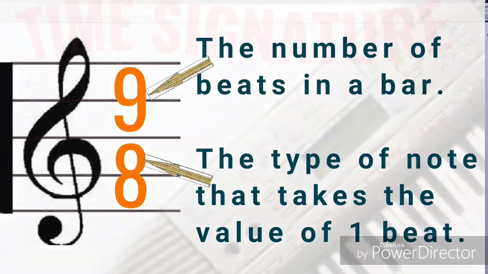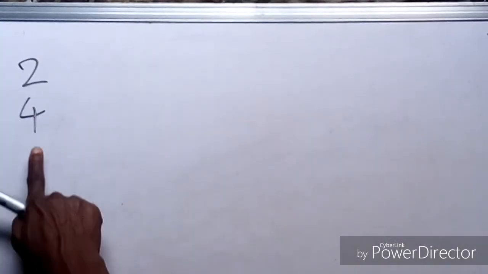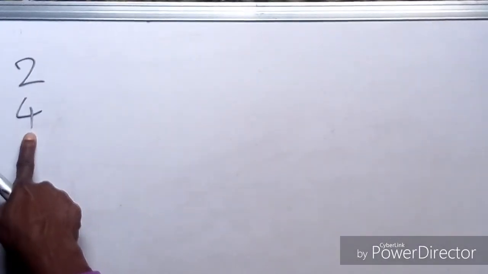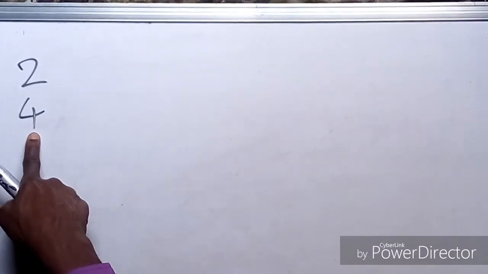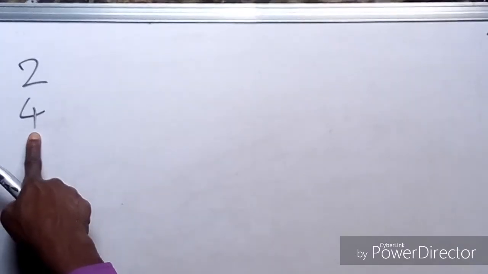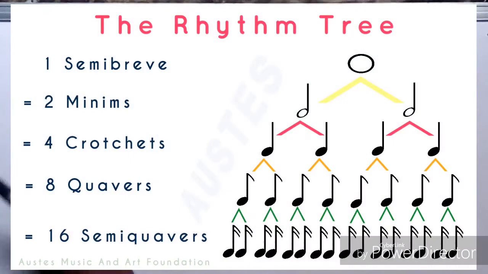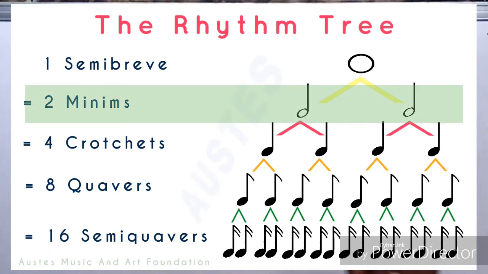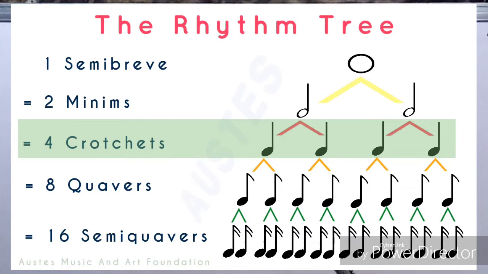I also told you that for you to know what note the lower figure is referring to, we need to look at each note as a fraction of the semibreve. You get that from the reading tree. From the reading tree, we can see that there are two minims in a semibreve. So 2 refers to minim. 4 refers to crotchet because there are 4 crotchets in a semibreve.